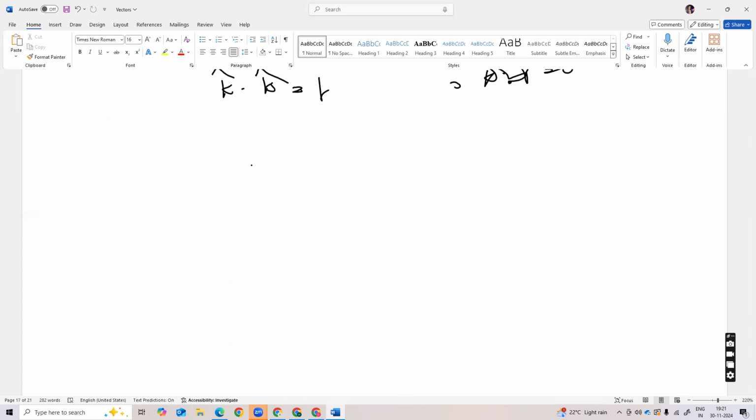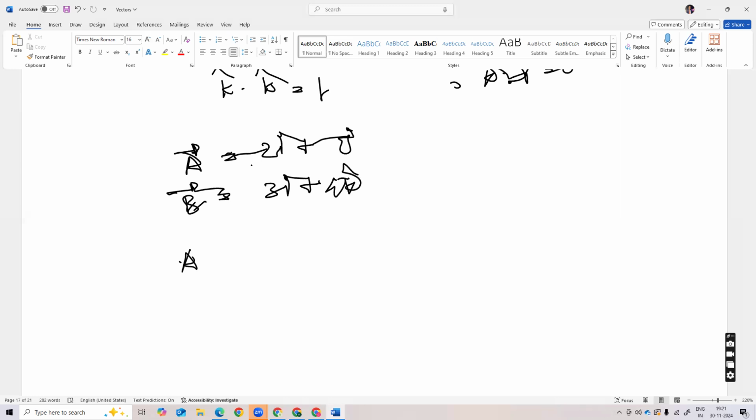If I give you vectors, let's say A is 2i plus j and B is 3i plus 4j, then for A dot B you multiply the i term with i and the j term with j. So 2i into 3i, where i into i is 1 and 2 into 3 is 6, plus j into j is also 1, so 1 into 4 is 4, and you get a scalar value.